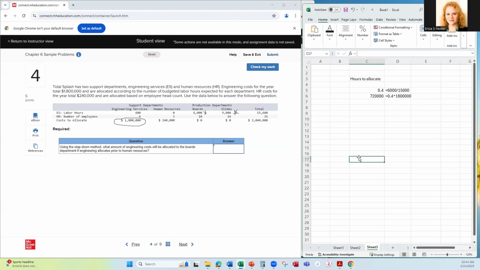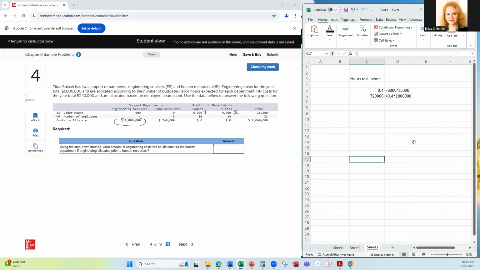Now, if we were also going to allocate the human resources department on this problem, they allocate based on employee headcount. And they aren't going to allocate upwards to engineering services because they're ranked number 2, human resources goes next. So they would not send anything to engineering services.